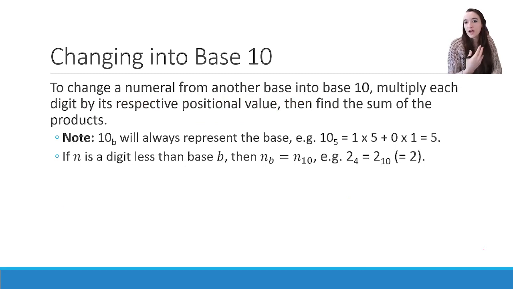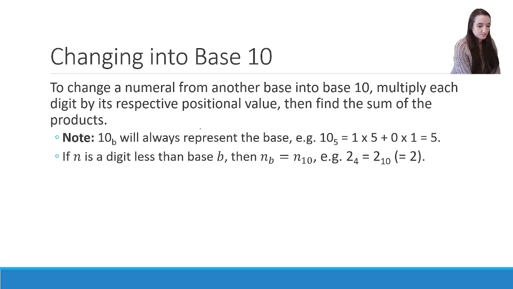Now, how do we actually do the changes between bases? Essentially, the same way we did with our historical systems. We take our number and multiply each digit by its respective positional value, then find the sum of the products.